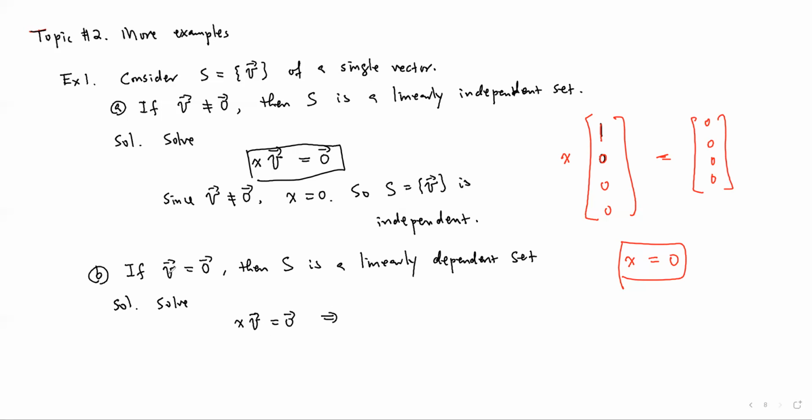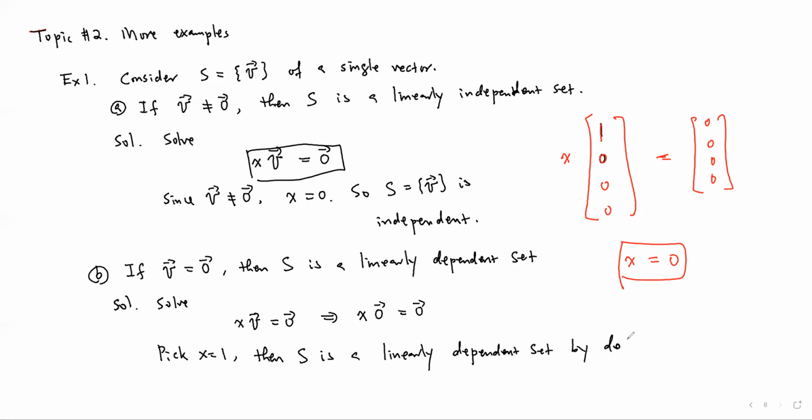Now vector V is a 0 vector, so this equation has infinitely many solutions. Say, for example, let me pick x is 1. This equation is true, right? So this equation has a non-zero solution. By definition, S is a linearly dependent set. Yeah, always definition.